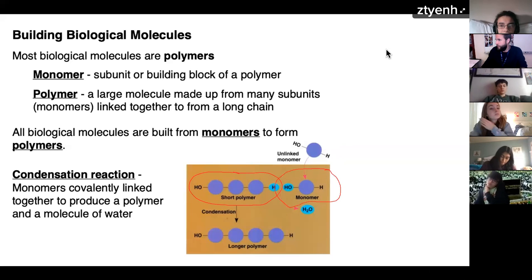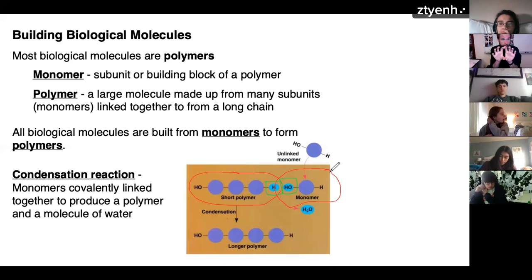Notice I've got a hydroxyl functional group, and in this really simple reaction, a hydrogen atom on the other molecule, the other short polymer. And if I'm going to add that monomer to the short polymer, this reaction is going to allow for the monomer to become covalently bound to that short polymer. So here's our new covalent bond that's forming.